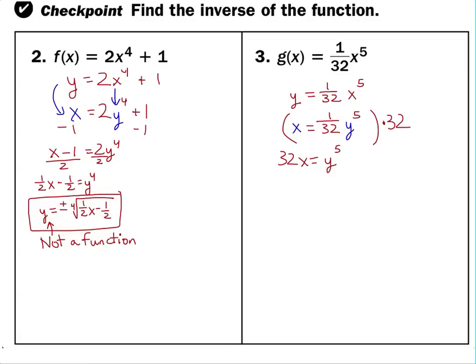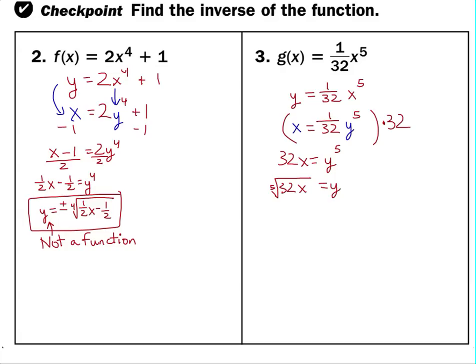And then to finish, we'll need to go ahead and take the 5th root of both sides. So we get the 5th root of 32x, and that's equal to y.